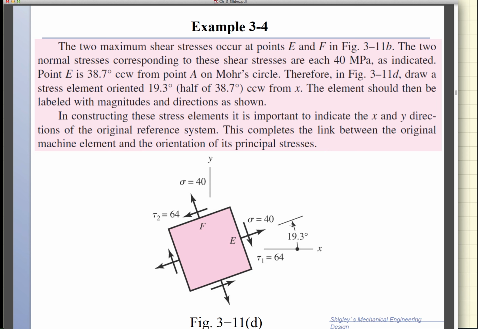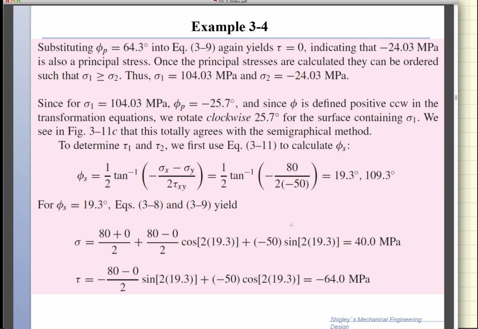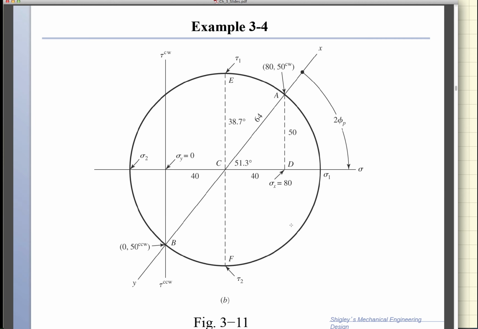And when that happens, then the new stress state is completely dictated by the diameter of the circle when it lands on point E and F, meaning that sigma x will be equal to sigma y will be equal to 40, and the shear would be its maximum value, which is 64.